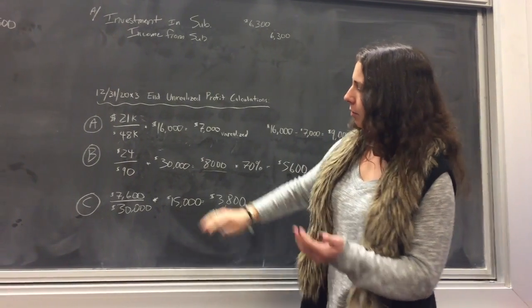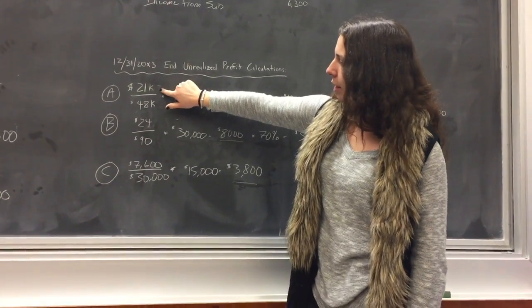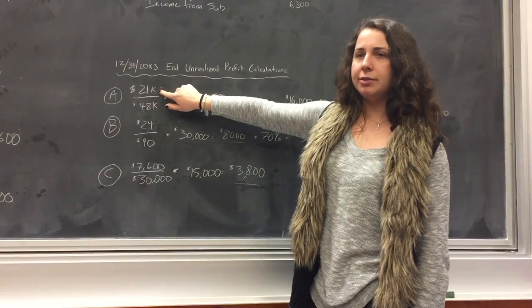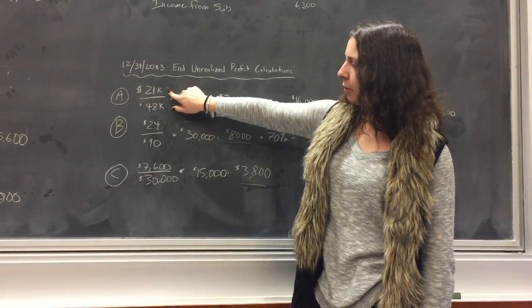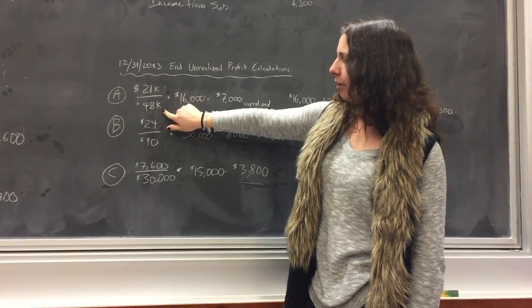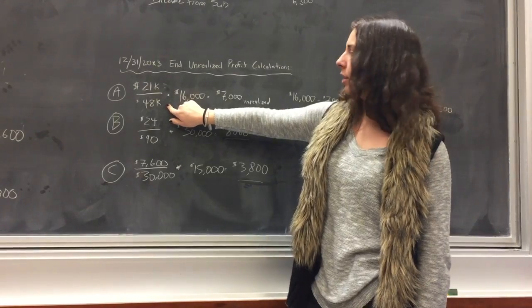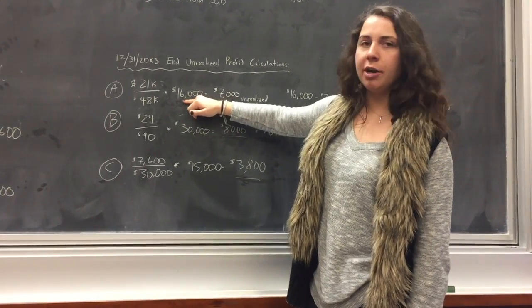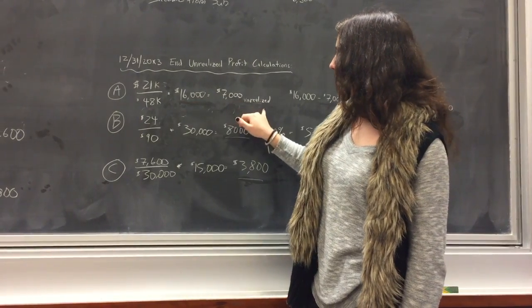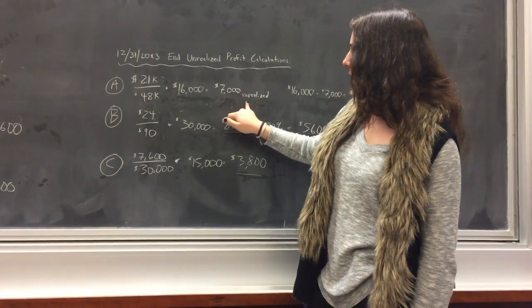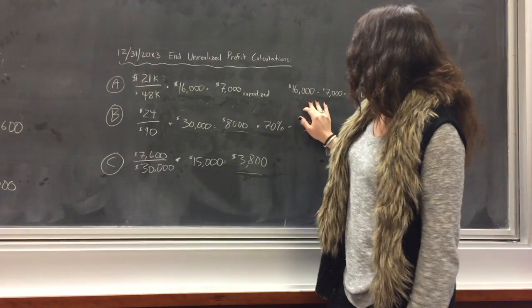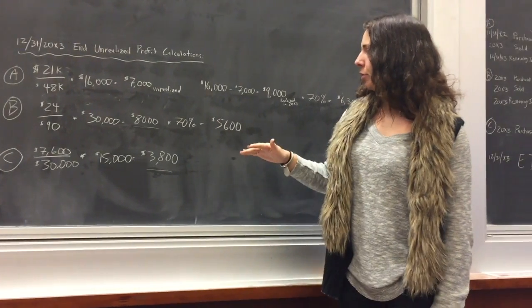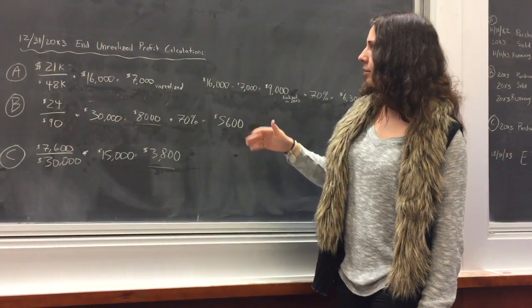And we got that because the remaining inventory at the end of 2003 was $21,000, and we divided it by the $48,000 purchase and multiplied it by the beginning unrealized profit of $16,000 to get $7,000 that were still unrealized. But during the year they sold the inventory, so they were realizing profits.